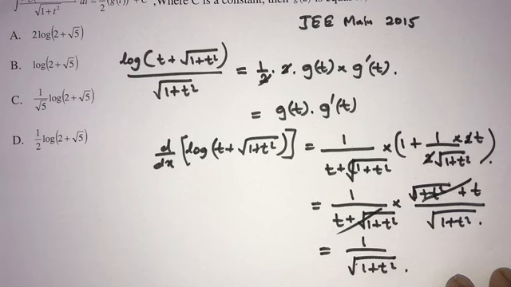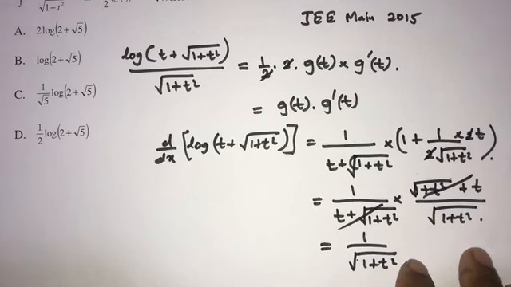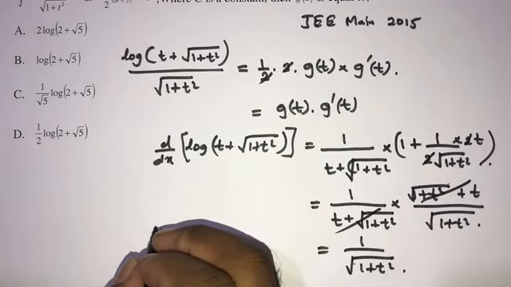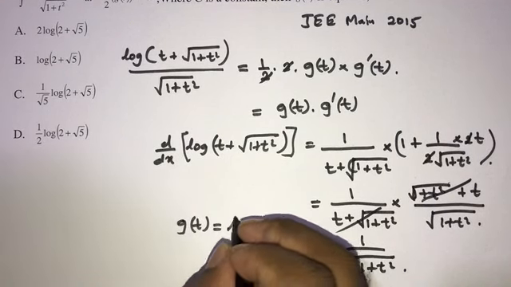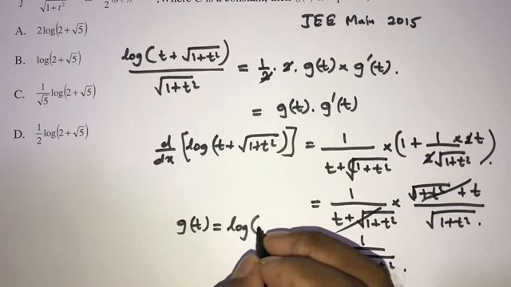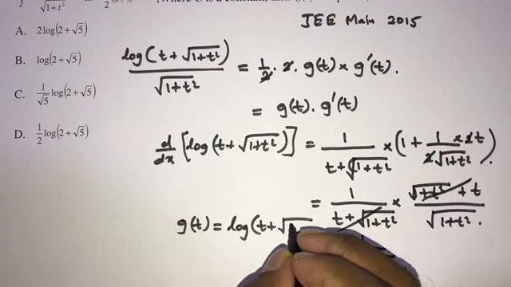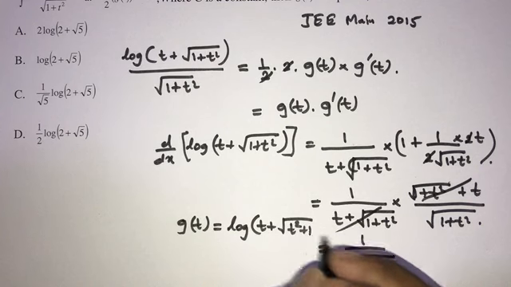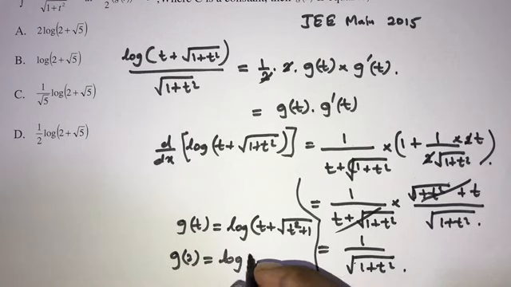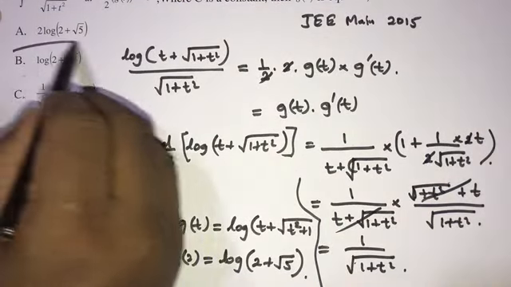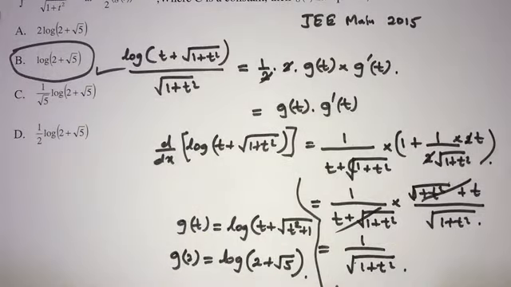Okay, now you know what g of t is. So g of t is equal to log of t plus square root of t square plus 1. Now we need g of 2. So g of 2 is equal to log of 2 plus the square root of 5. Okay, B is the correct option.